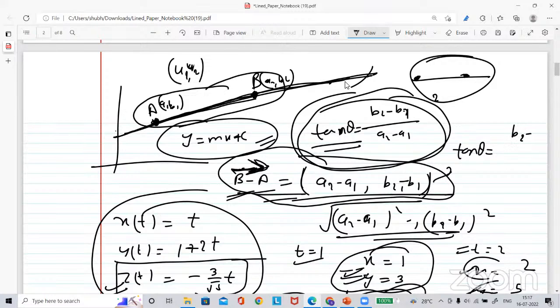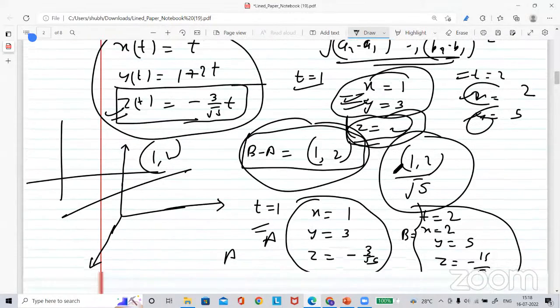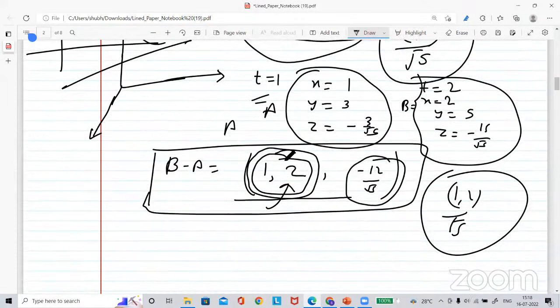Here it is a1, a2 minus a1, this is going to be the slope. Everything is the same when you come to R3 also: get a point, get another point, subtract, and this will tell your direction.